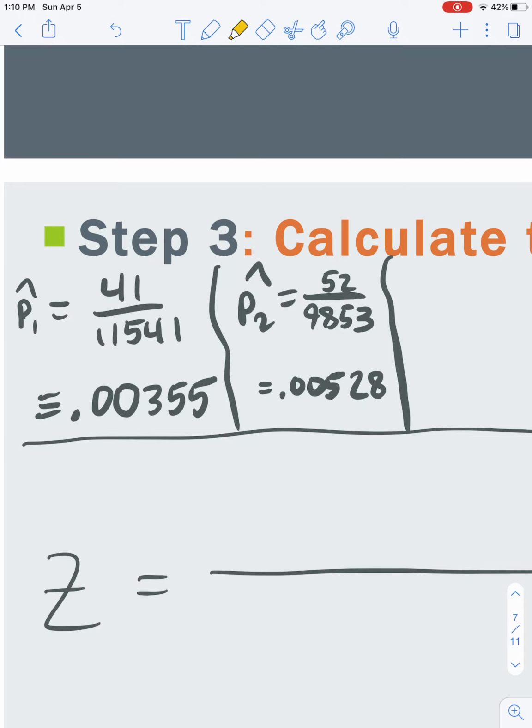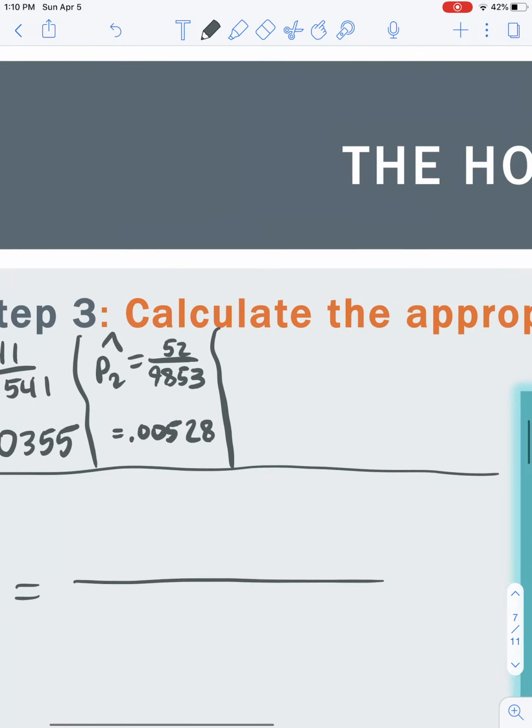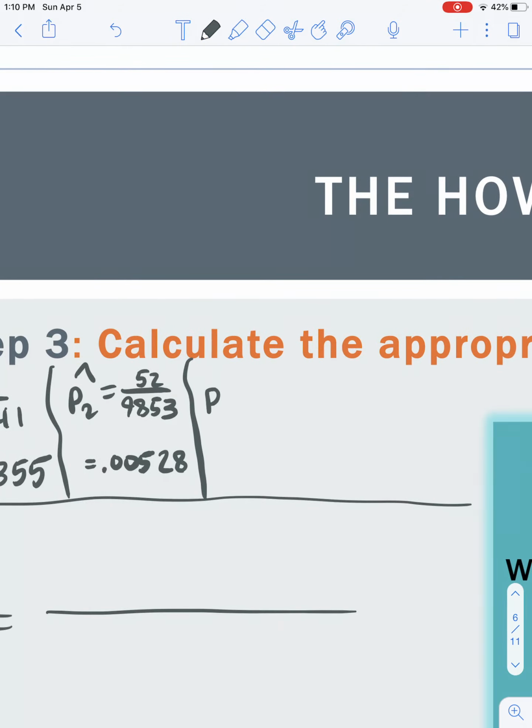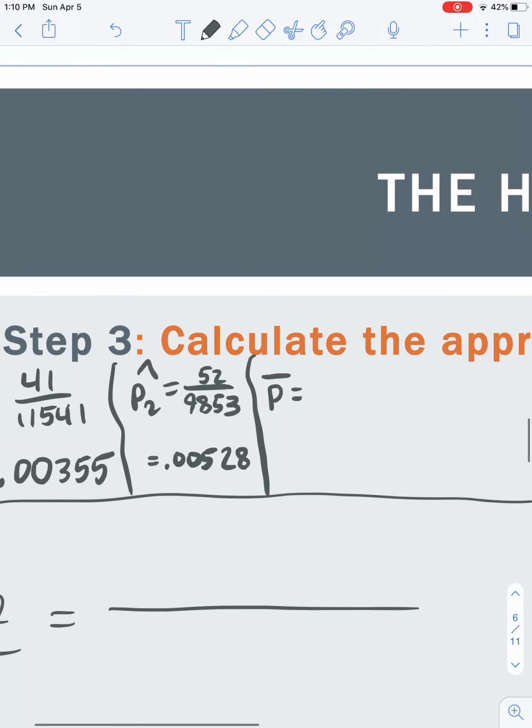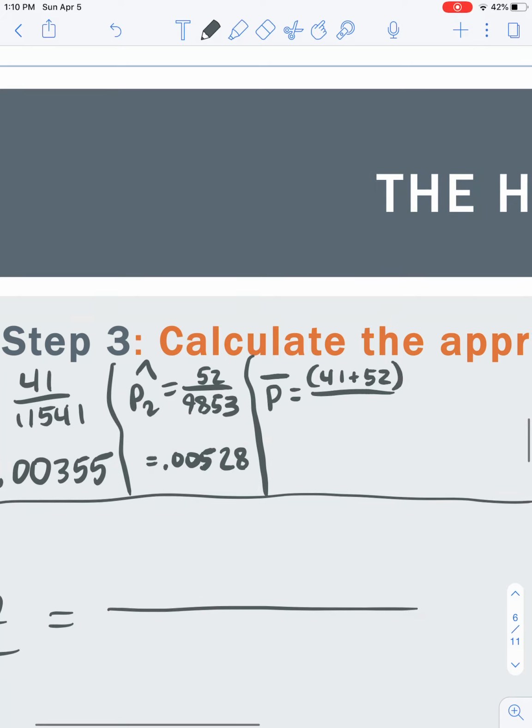So I'm going to put these together, and when you do this, you need parentheses connecting the numerator and denominator. So we're going to have parentheses 41 plus 52 divided by that big number, 11,541, plus 9,853.